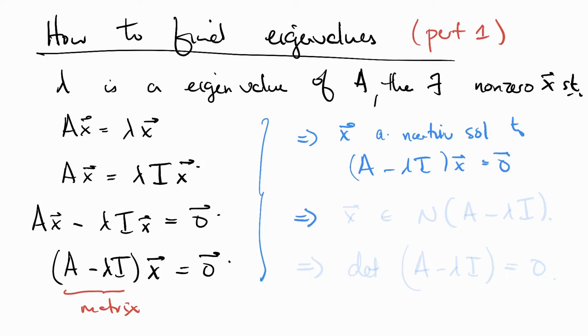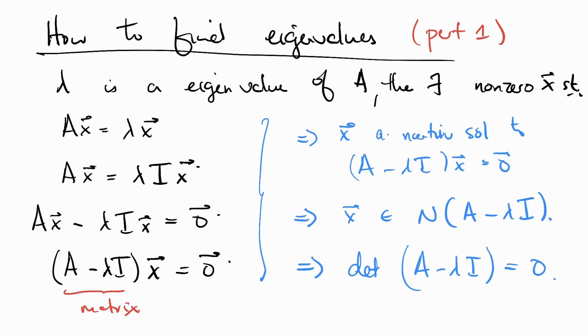This means, by definition, that x is in the null space of the matrix A minus lambda I. That means, of course, if such a non-zero x exists, the determinant of A minus lambda I is going to be 0.